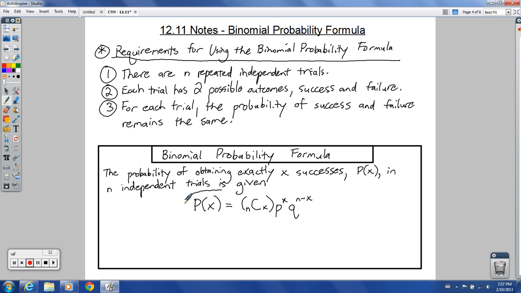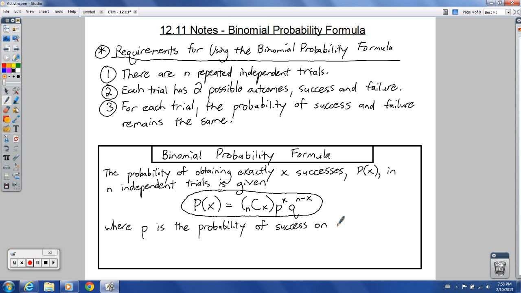And at first, you might look at that and say, what on earth is that? That looks like way too much. It's not bad, okay? Just wait for it. So what do these things stand for? We haven't even defined what lowercase p and lowercase q stand for, so let's do that right here, where lowercase p is the probability of success on a single trial.